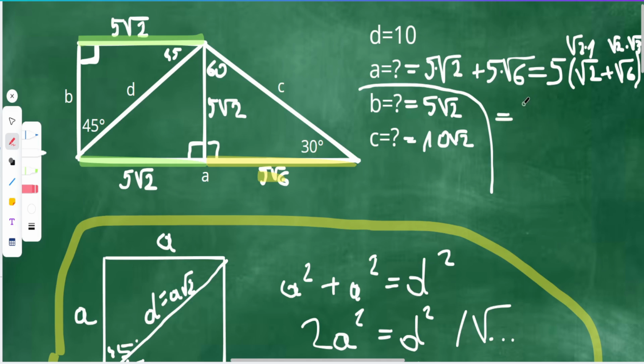We will cross out our calculations and we will get 5 roots of 2, 1 plus the root of 3, but I think that even this result would be correct on the test. This one is super correct. Simply such a final, maximally simplified form.